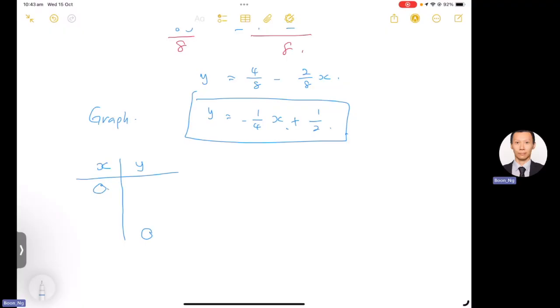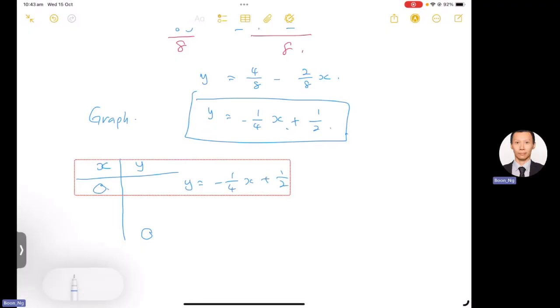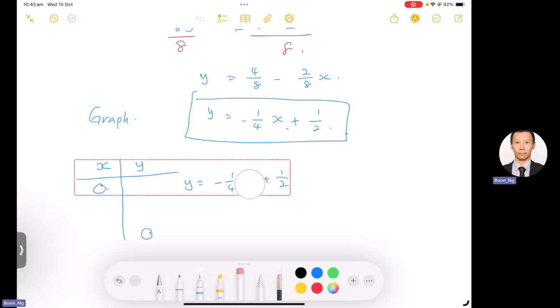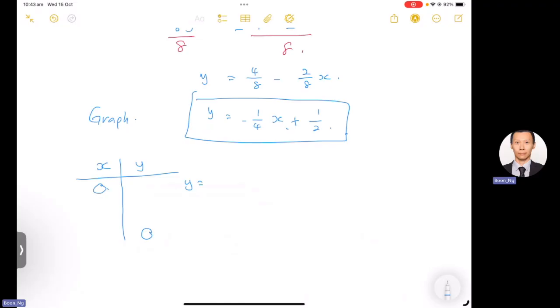So when x is 0, y is negative 1 over 4x plus, oh sorry, negative 1 over 4 times 0 plus 1 over 2. So when x is 0, y equals 1 over 2.